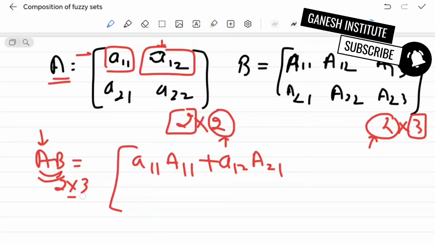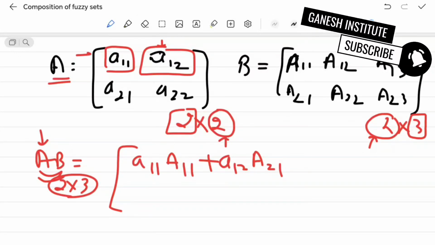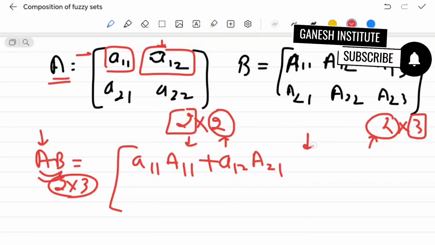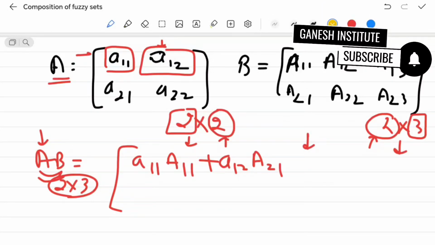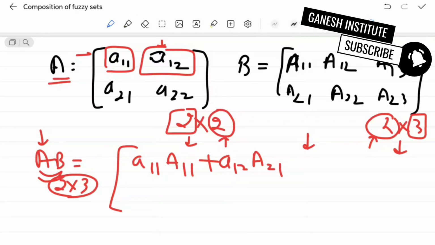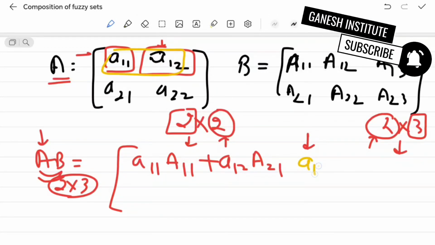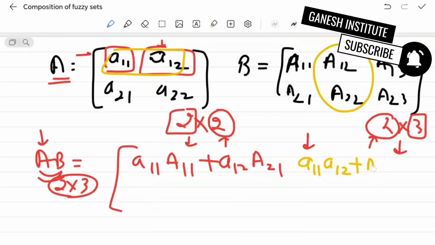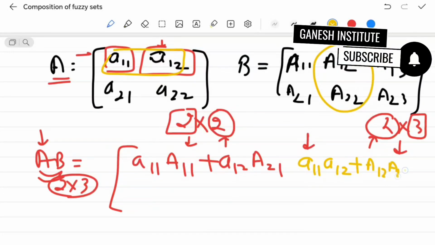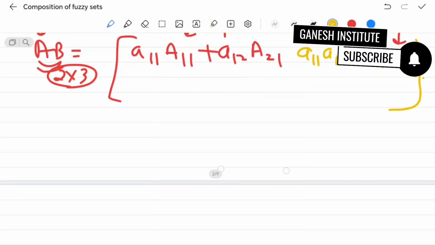Because we have 2 rows and 3 columns, the first column, second column, third column will come up here. The second one will be first row, second column, so the first row A11, A12 with the second column B12, B22, and so on. You can simply find the rest of the elements, correct?